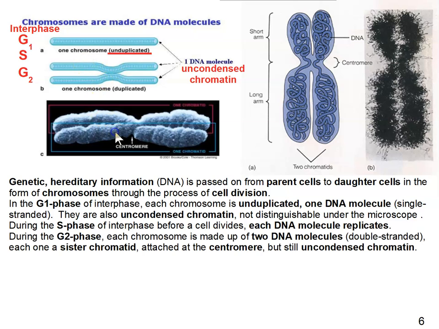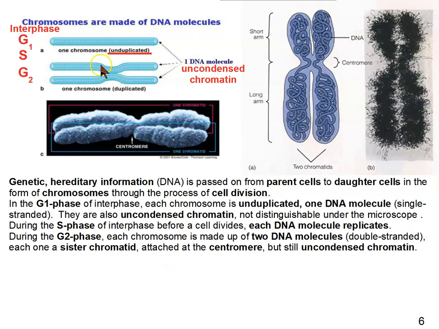But notice that there are two DNA molecules, and we refer to that as double-stranded. So these are two DNA strands together, and they stay together. They're attached together. And each DNA molecule is referred to as a sister chromatid, making up what is going to become a condensed chromosome.